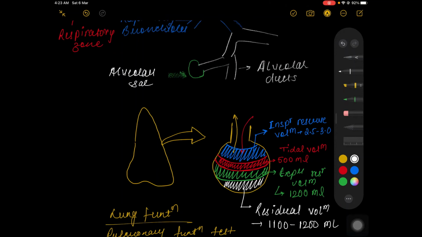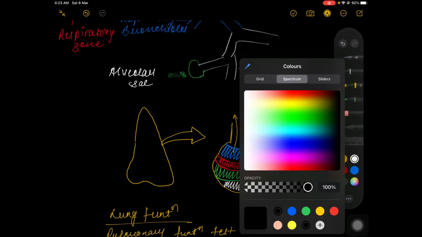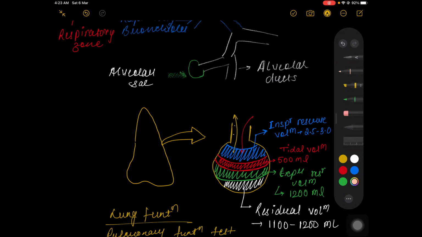But other than all these volumes, there is also some amount of air present in the respiratory tract which does not take part in the exchange. Suppose this is the respiratory tract and there is some air left which does not take part in the exchange.